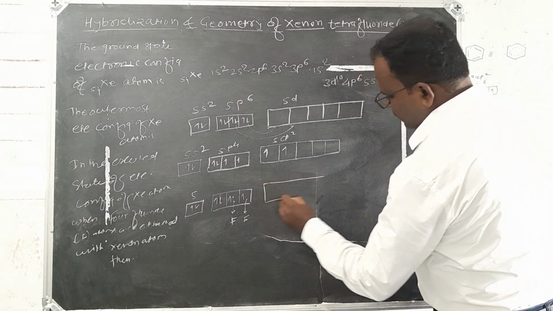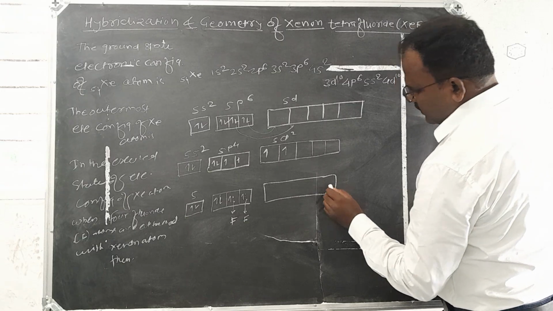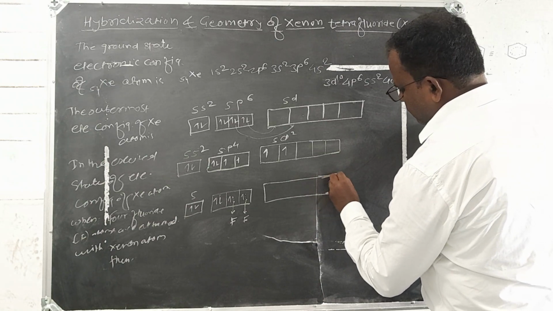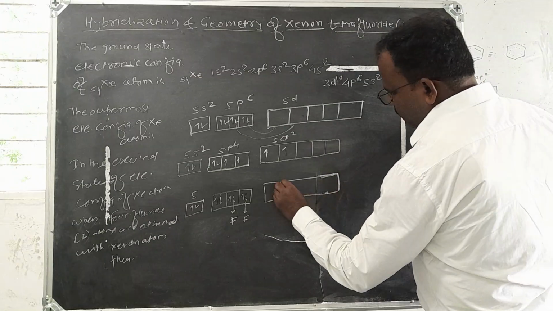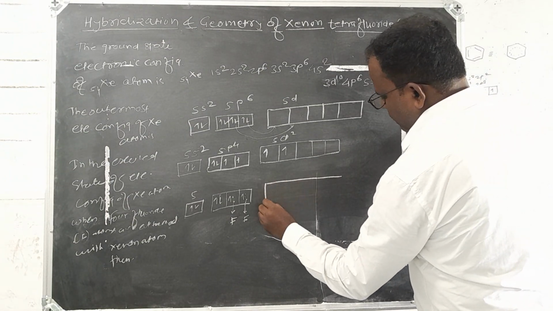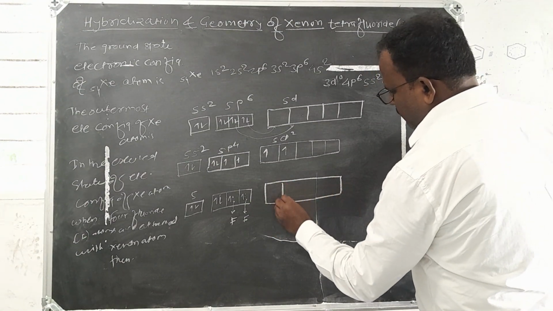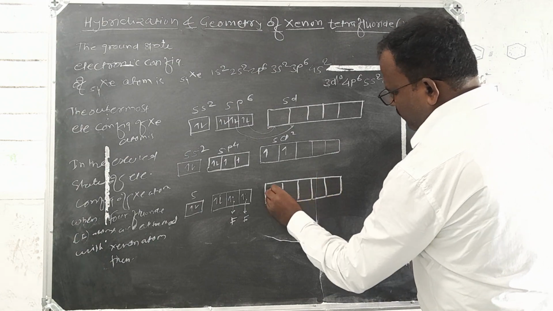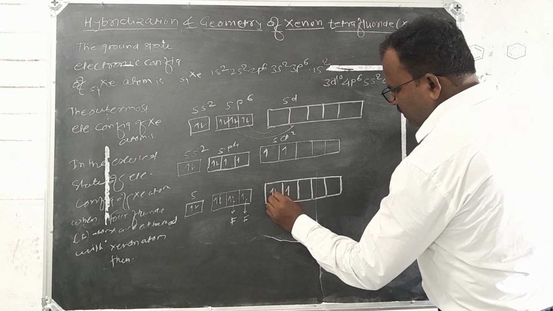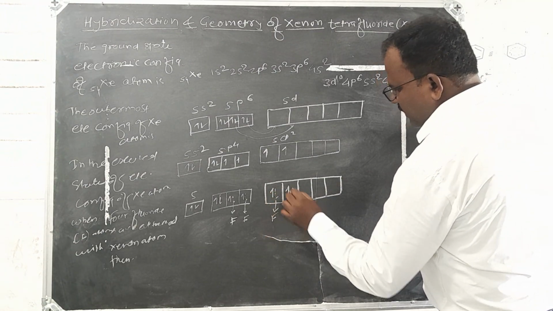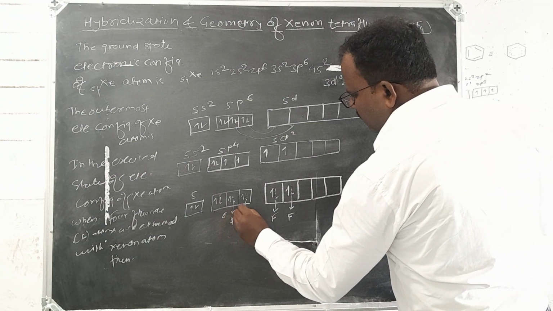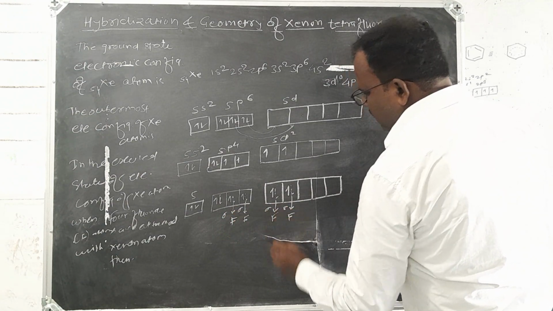Then in the d orbital, two unpaired electrons are present, and these electrons bond with the fluorine atoms, forming 4 sigma bonds, or covalent bonds.